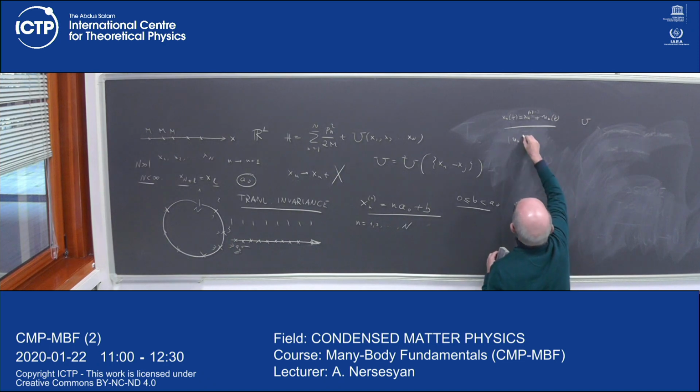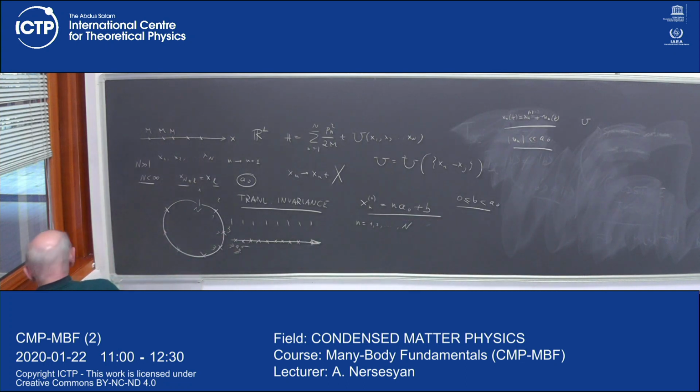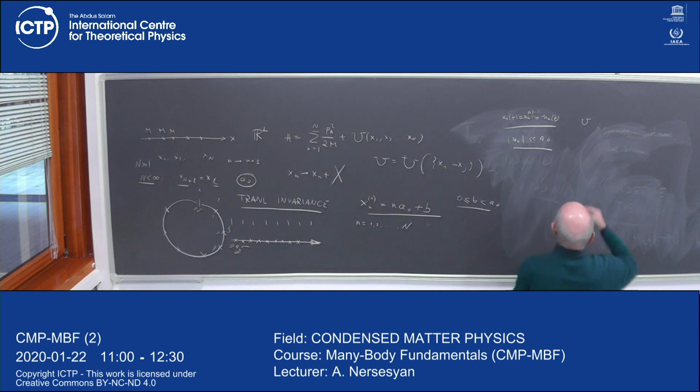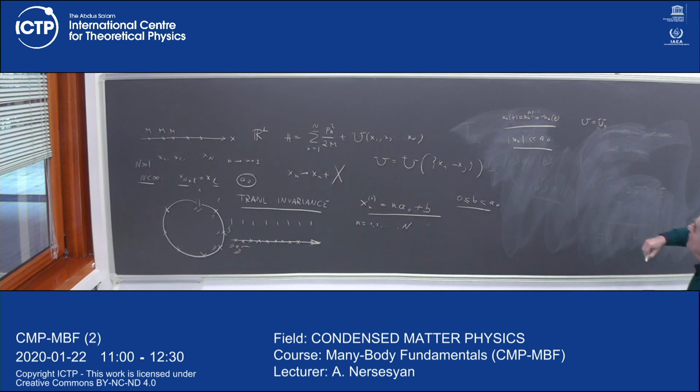And we assume that this displacement is much, much smaller than the interatomic distance, because the interatomic distance is the only microscopic length scale, and all the rest should represent fluctuations small compared to this characteristic length scale.